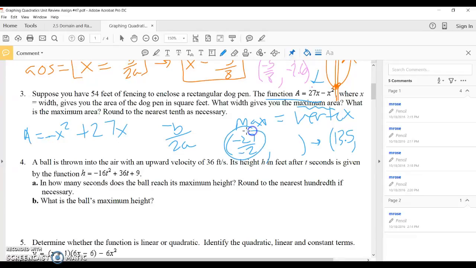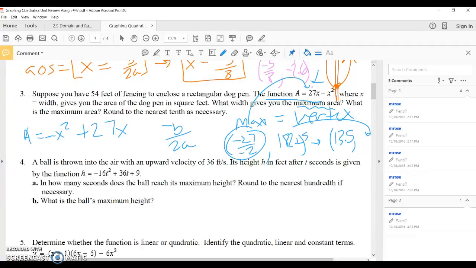Then I would take this and plug it into here. When I plug that into there, plugging away, I get 182.25 when I plug that in.